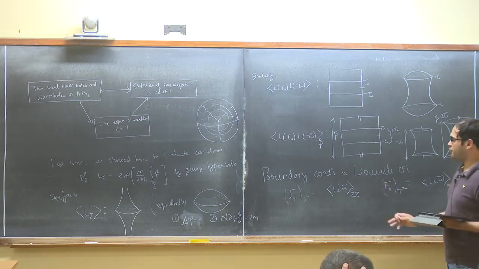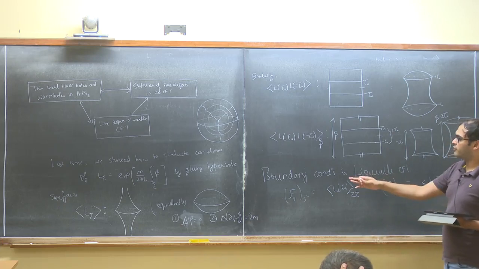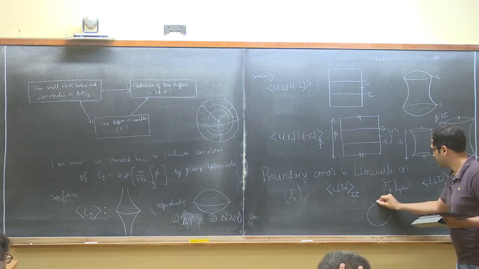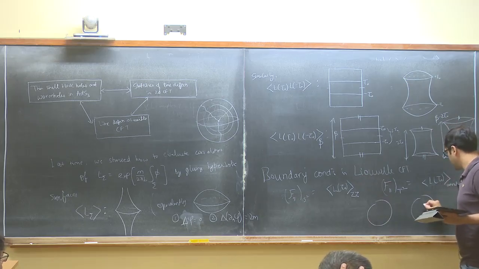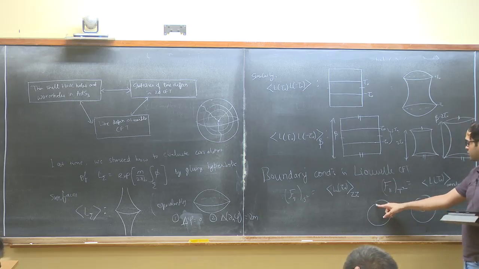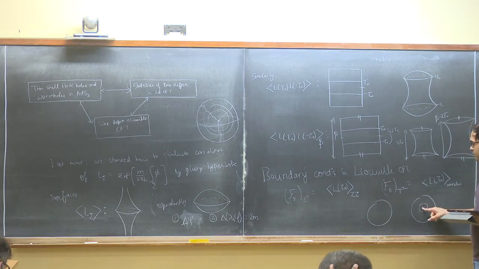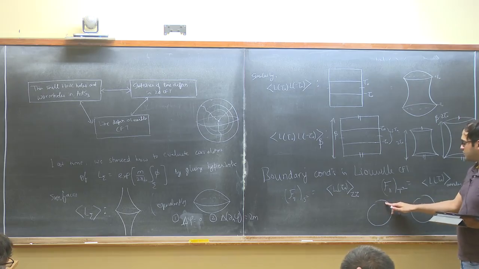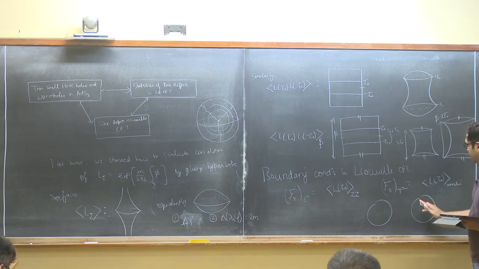If you want to evaluate the Liouville action on surfaces with boundaries, say a disk or an annulus, you need to specify the boundary condition for the Liouville field on these boundaries. You can either choose Dirichlet or Neumann among the simplest kinds, and I'm just using Dirichlet boundary conditions on any of these boundaries.